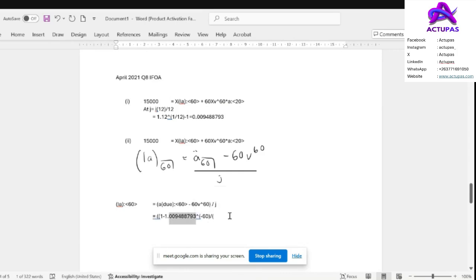So this is divided by this here, copy, 0.0095 divided by 1.0095. This would be your ä60, and then minus 60 by v to the power 60, which is 60 by 1.0095 to the power negative 60.